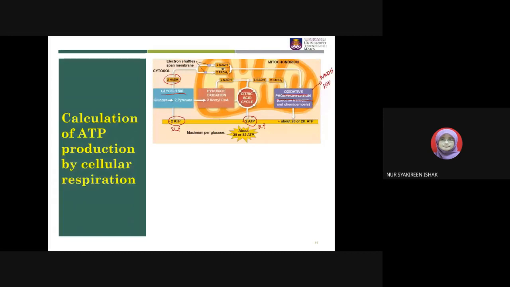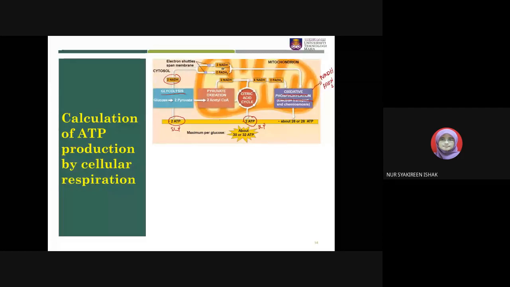The amount is really small compared to the amount of ATP produced during oxidative phosphorylation, because for oxidative phosphorylation, it uses the power of electrons from NADH molecule and also FADH2 molecule that was produced from the previous stages of cellular respiration, which are glycolysis, pyruvate oxidation, and also citric acid cycle.